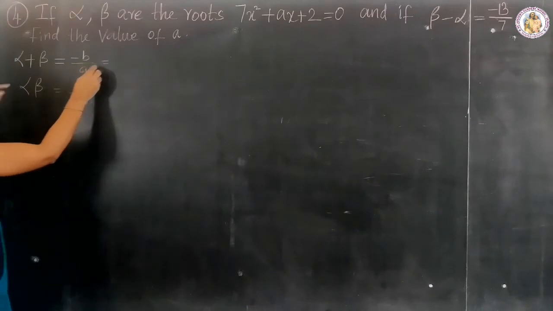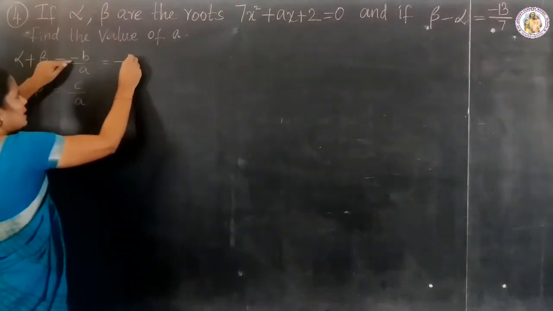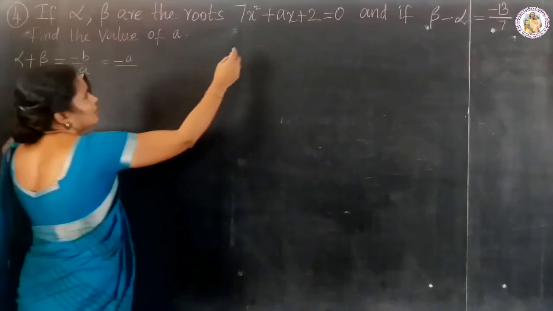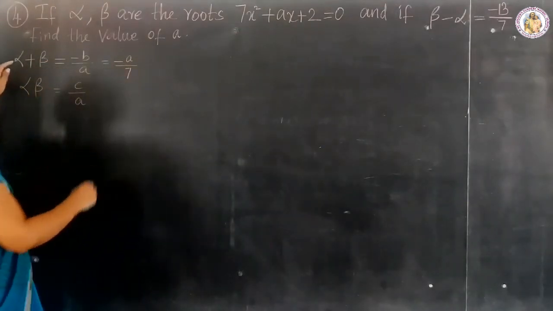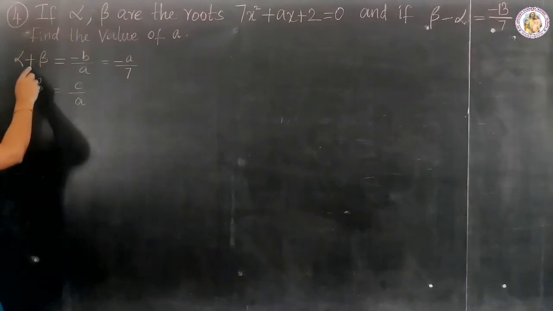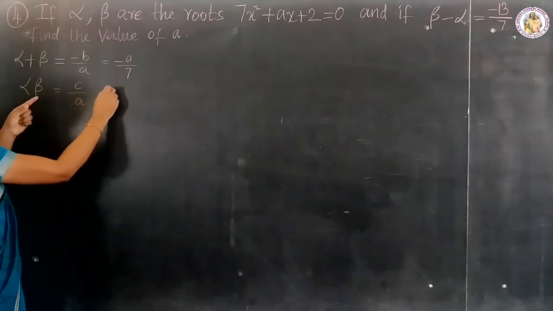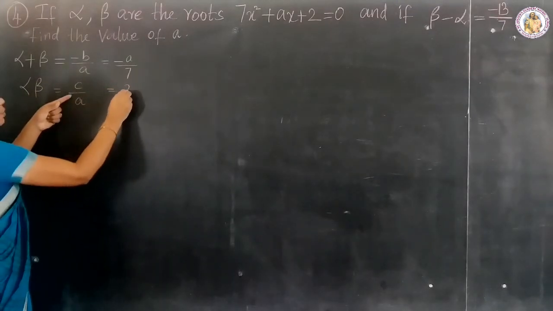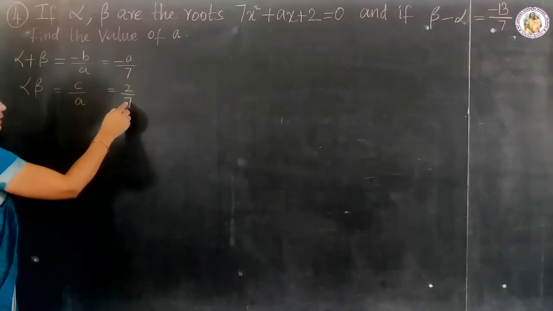Here we have minus b, so write minus a by 7. We have coefficient of x square is 7. So sum of the roots is equal to minus a by 7, and product of the roots is c by a. C is nothing but 2 and a is 7. So product of the roots is 2/7.